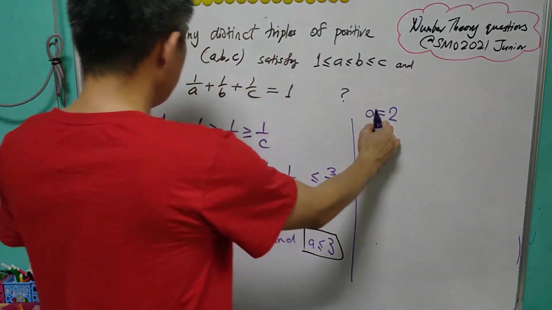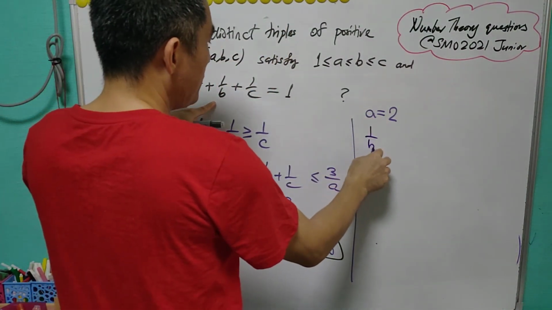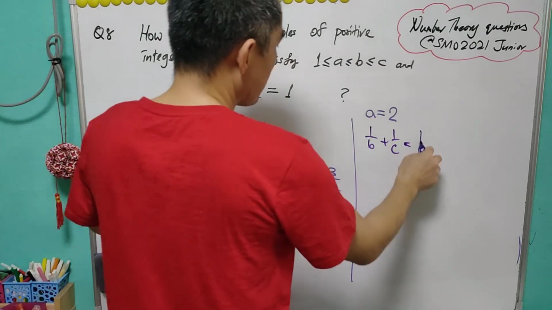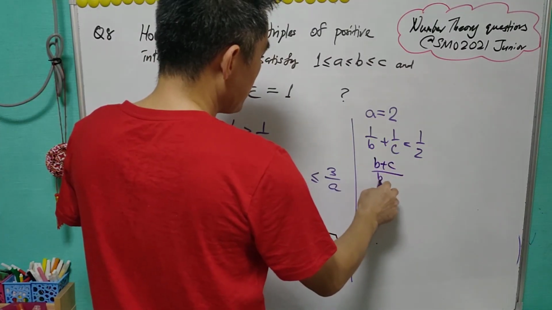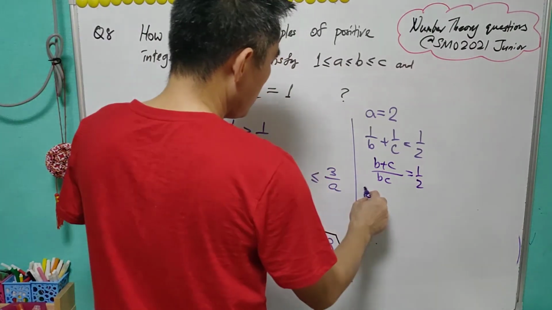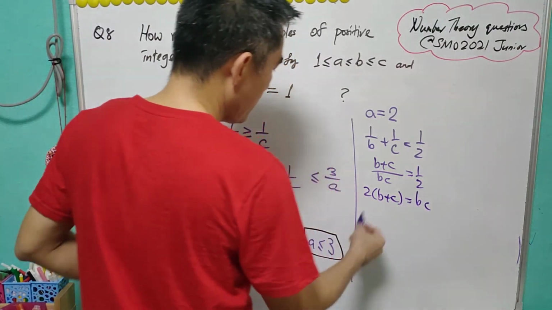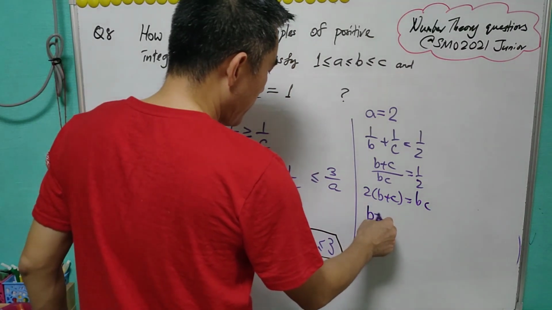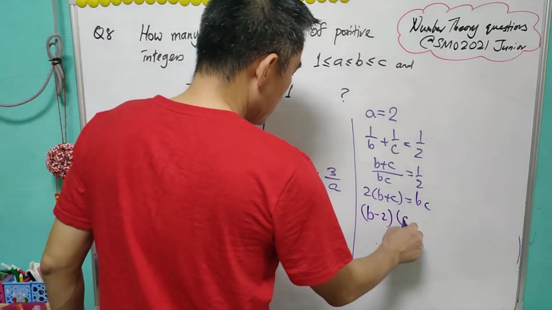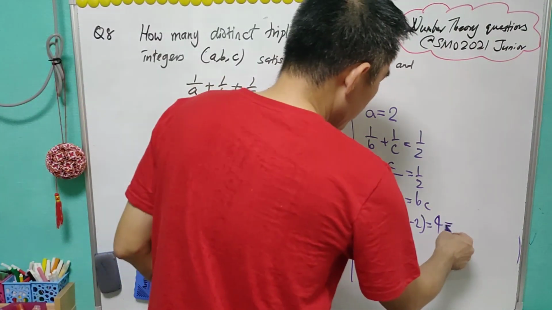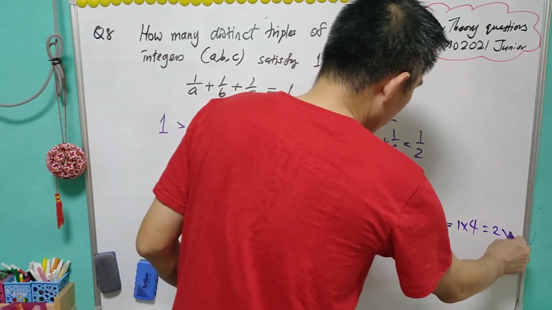For A equals 2, we'll have 1 over B plus 1 over C equals 1 minus a half, that is a half. B plus C over BC equals 1 over 2. 2 times (B plus C) equals BC. So this can be written as (B minus 2)(C minus 2) equals 4. Note that 4 can be written as 1 times 4 and 2 times 2.